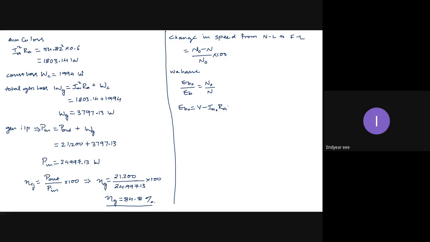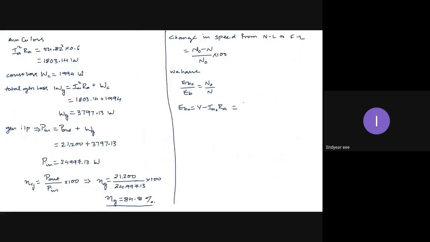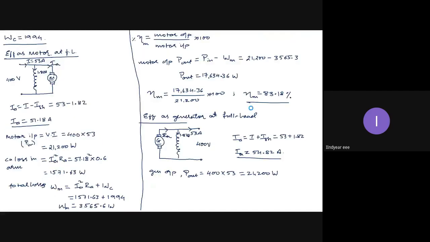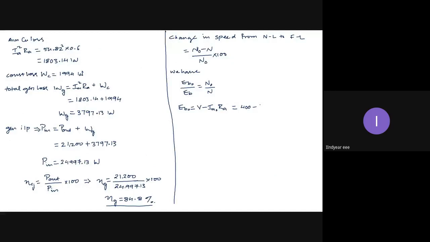I know the no load current of the motor. So V minus IA naught RA. V is 400 volts minus IA naught, which we might have calculated. Here it is 3.18 amperes, into RA.